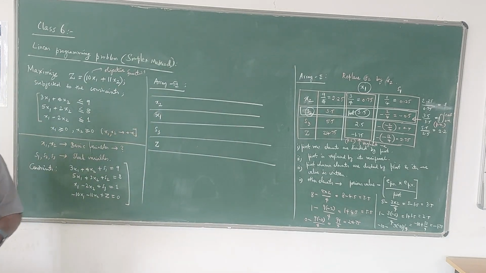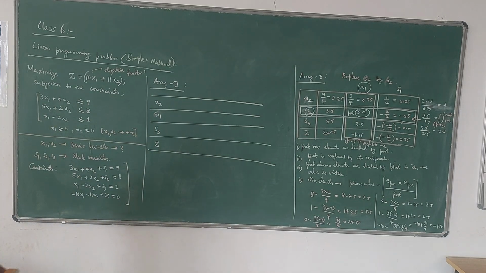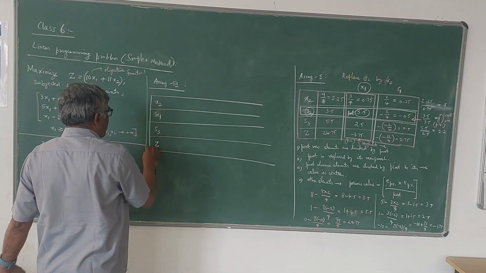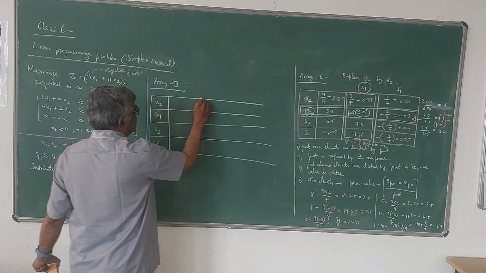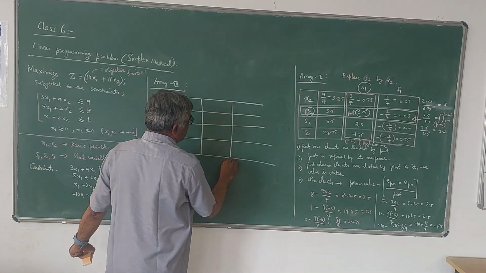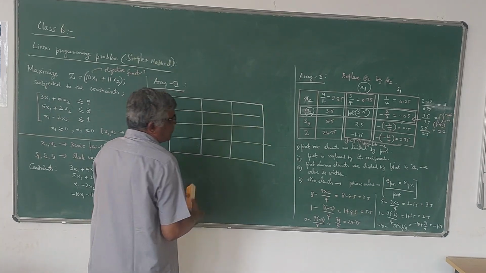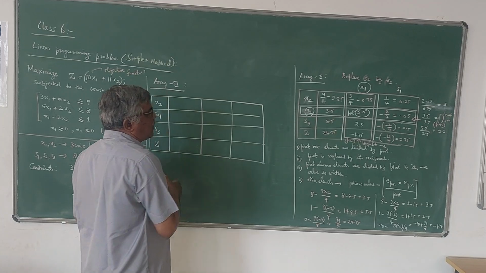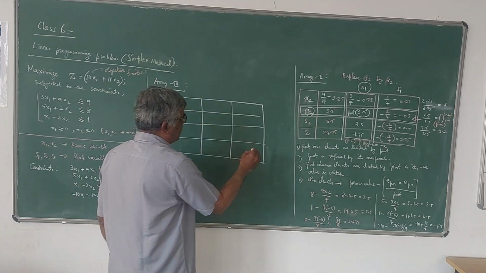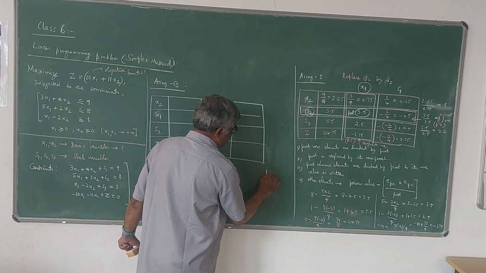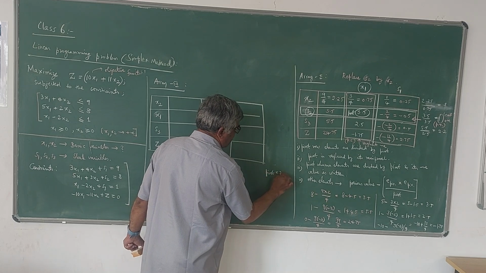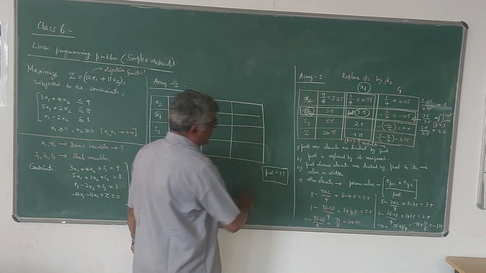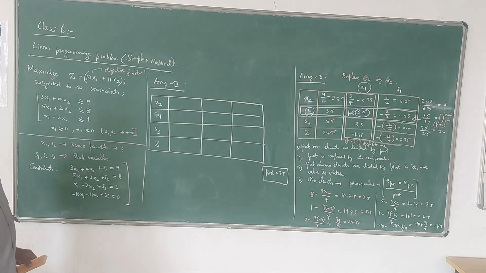Okay. Now let us try to write the third iteration table. We will use the same procedure. Now the pivot value is 3.5, so the pivot is now 3.5 for the third iteration.